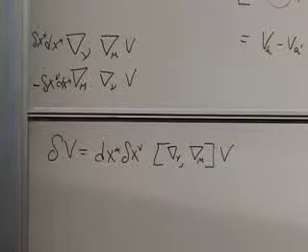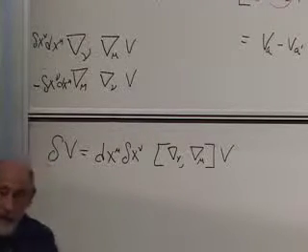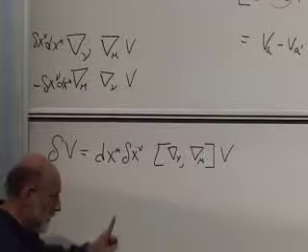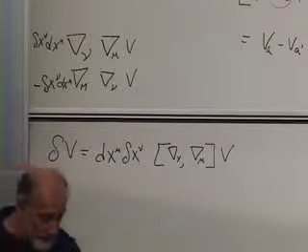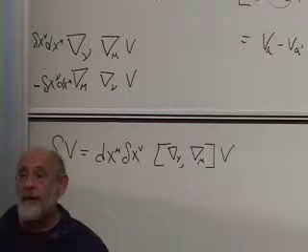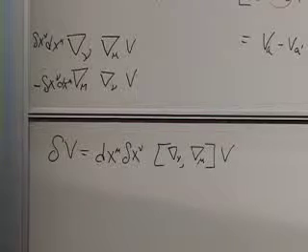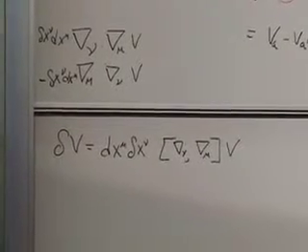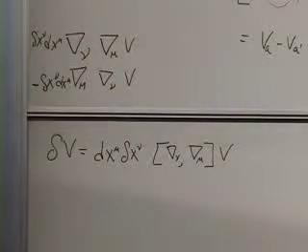So it's a very concise trick to compute how a vector changes when you go around a small infinitesimal loop, which is made up out of a pair of vectors, delta x and dx. Okay, quite an elegant expression. And now all we have to do is plug in the definition of the covariant derivatives, work out the commutator, and what is the object that we will have constructed, incidentally? The curvature tensor, because it's the curvature tensor that tells you what happens when you go around a little loop.